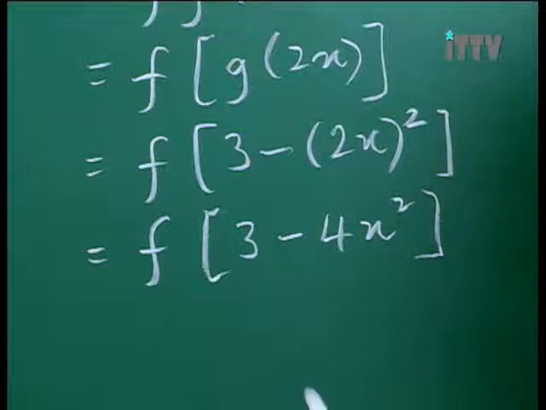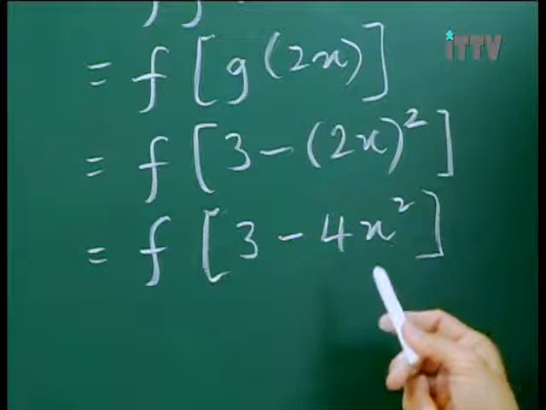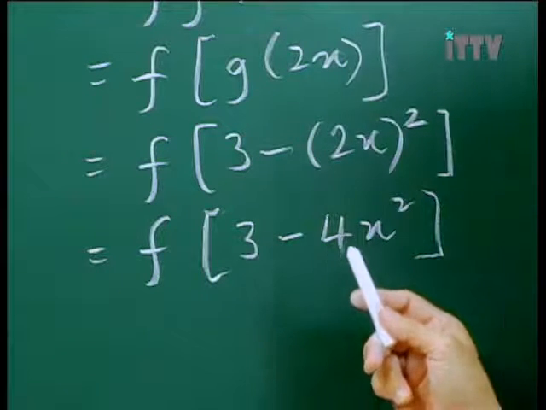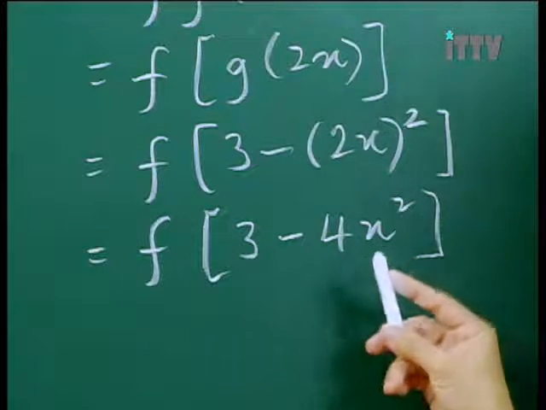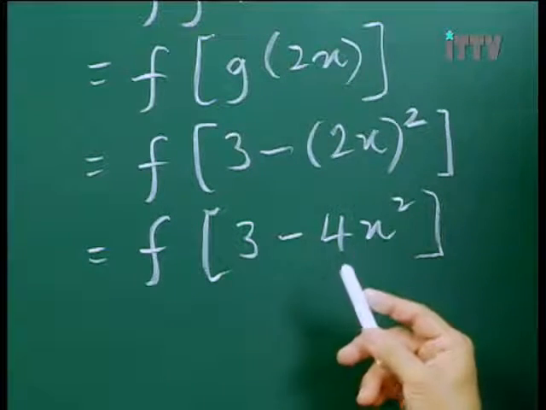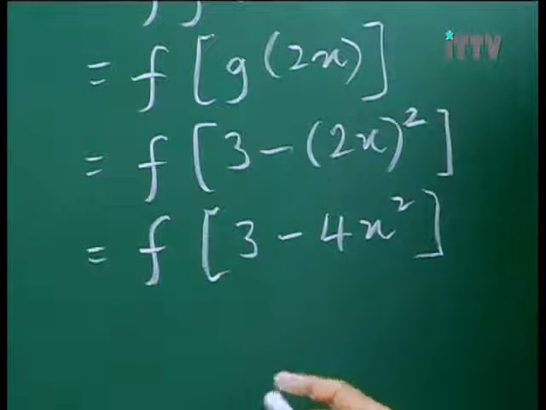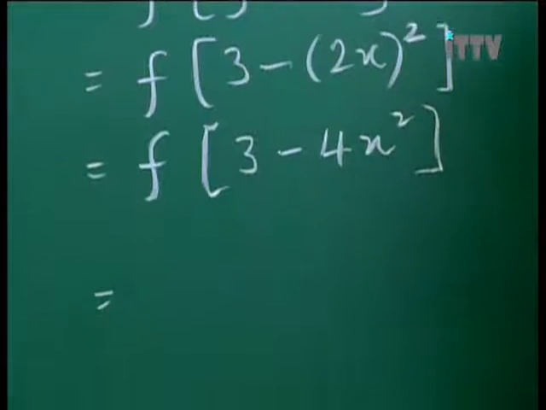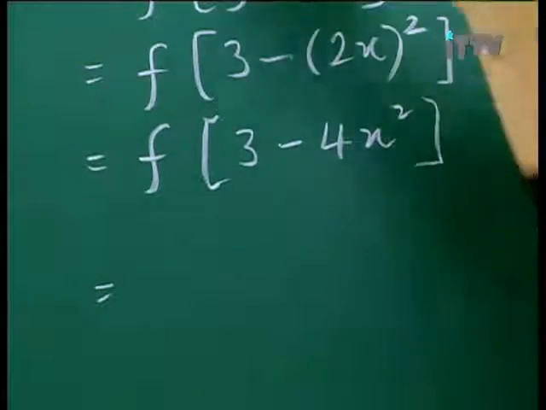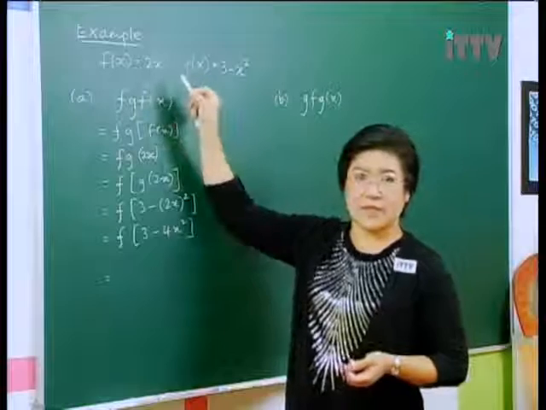So this time, to the function f, 3 minus 4x squared is its object. It's like saying that this whole thing is an x to the function f. So what does the function f do? The function f changes x into 2x.